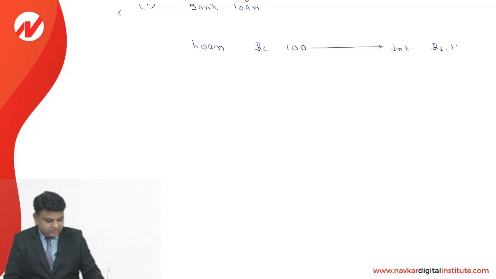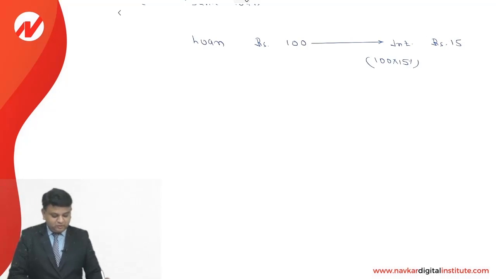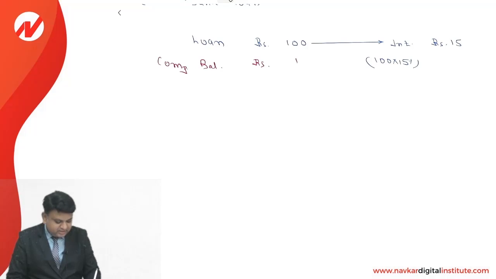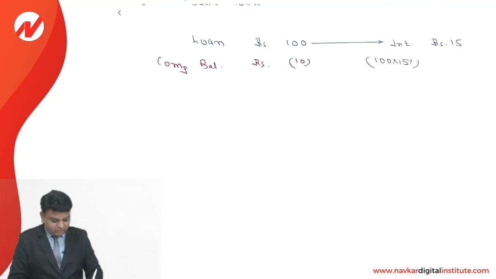The amount of interest you have to pay is 15, that is 100 into 15%. Then you have to keep the compensating balance of rupees 10. It means you have to keep a balance of rupees 10 for every 100 rupees that you borrow. And of course, for this amount no interest will be given to you.